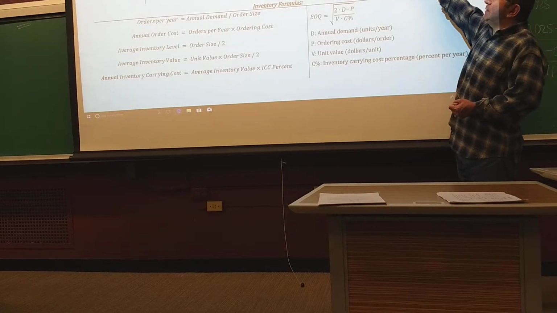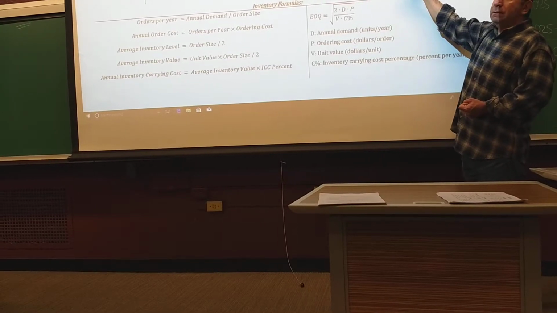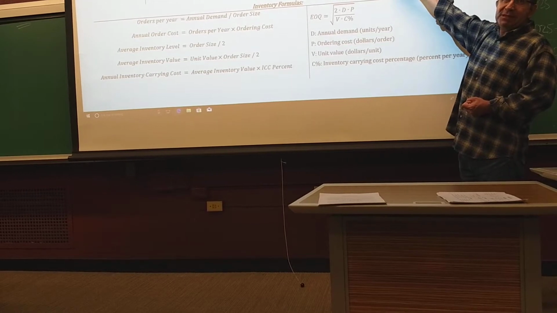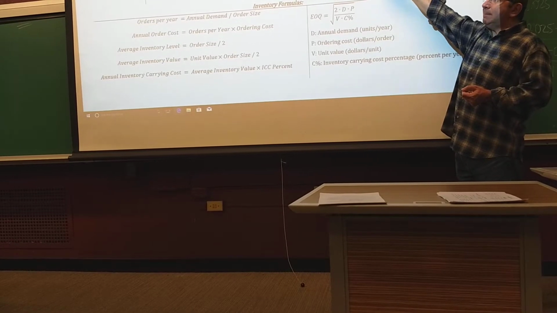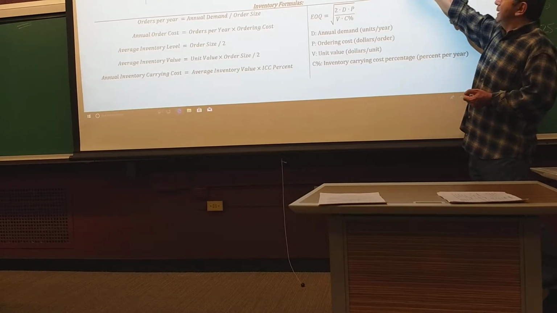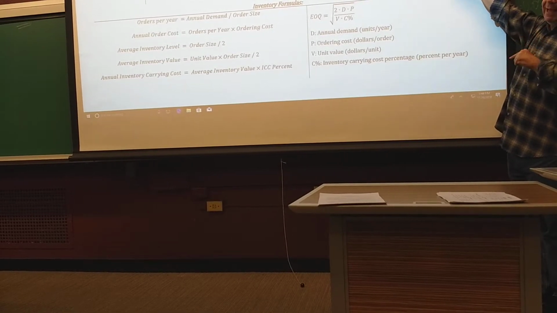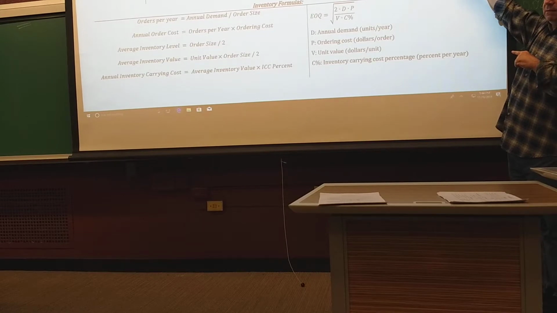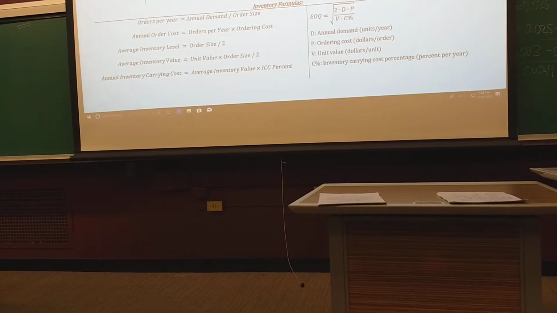Once we calculate C, we know Z, which is given as 3 sigma. The upper limit is C plus 3 times the square root of C, and the lower control limit is C minus 3 times the square root of C. Can everybody do this on the exam? Question?